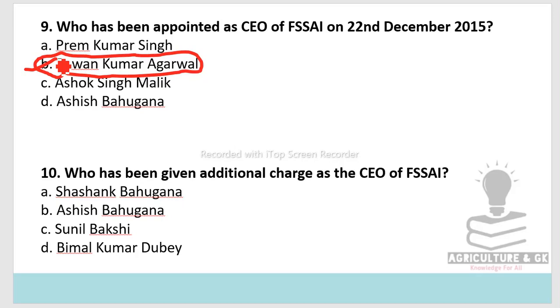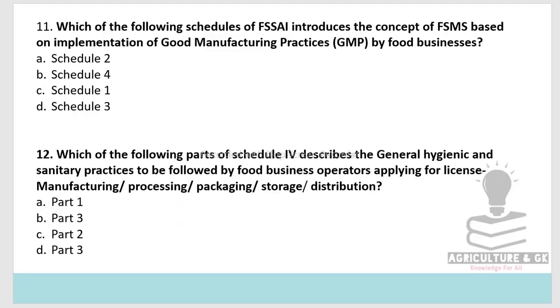Now moving next, who has been given additional charge as the CEO of FSSAI? It was given to Mr. Ashish Bahuguna. Our answer will be option B. Now moving next, which of the following schedules of FSSAI introduces the concept of FSMS based on implementation of good manufacturing practices by food businesses?